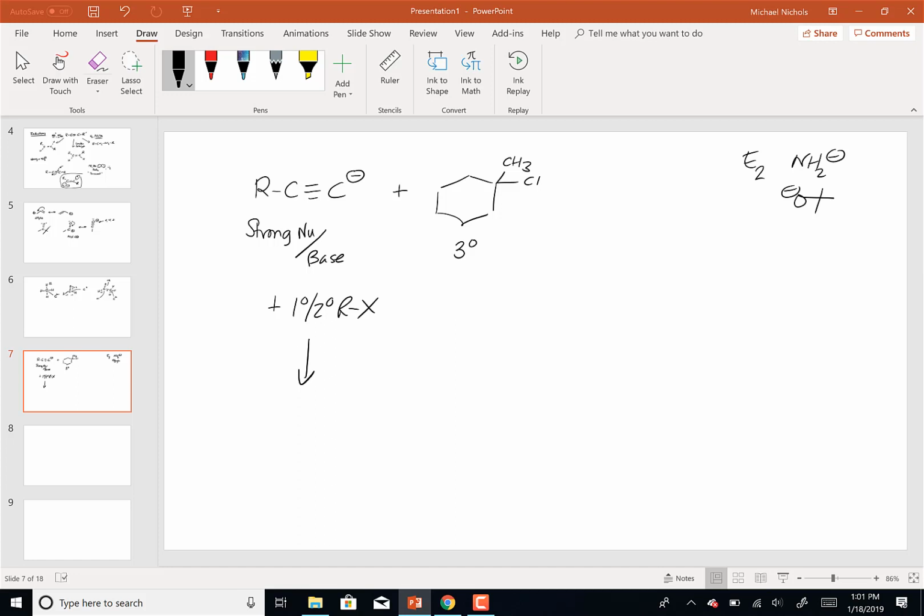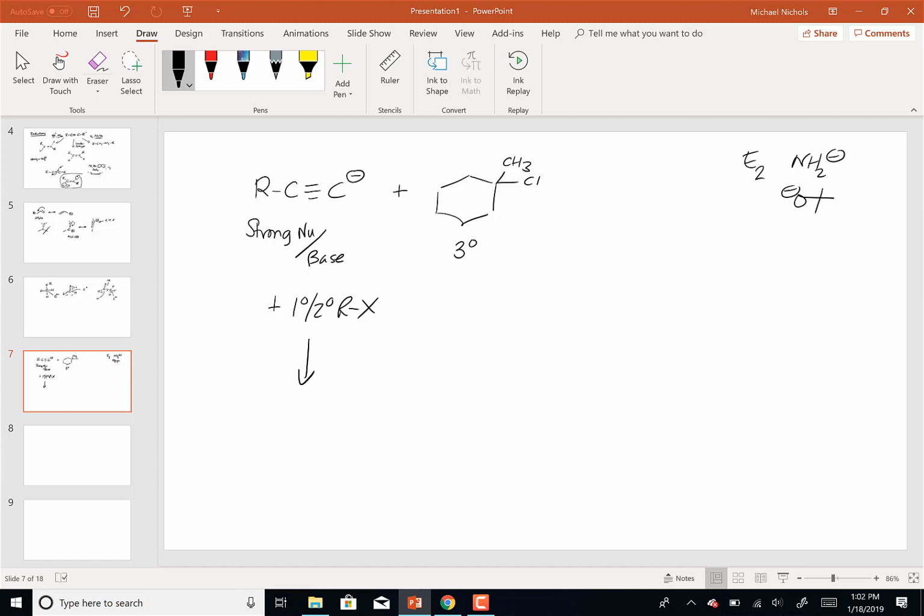Now, the question about, well, what happens with the tertiary? Because this is such a strong nucleophile and base, it's either going to try and attack or it's going to deprotonate. So the time that it's going to take, for instance, to have the chloride leave and form a carbocation, it's already going to do something.